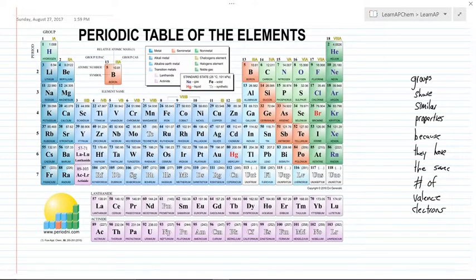So when I say 2 valence electrons for helium, the shell is still full, unlike 2 valence electrons for beryllium, where it can store up to 8. For helium, 2 valence electrons, but it can store only 2.